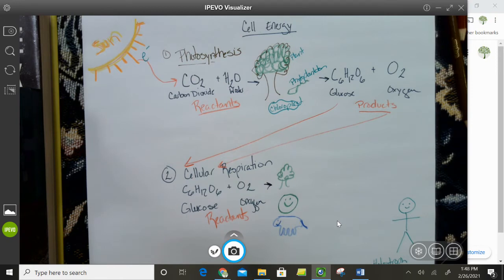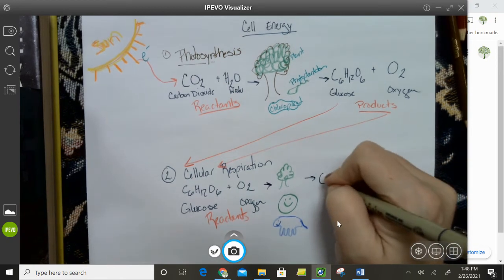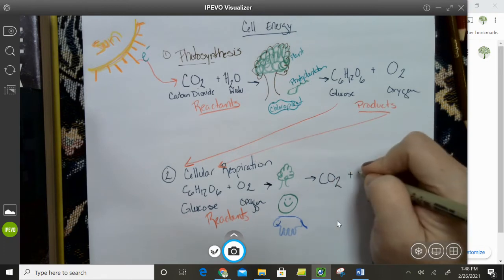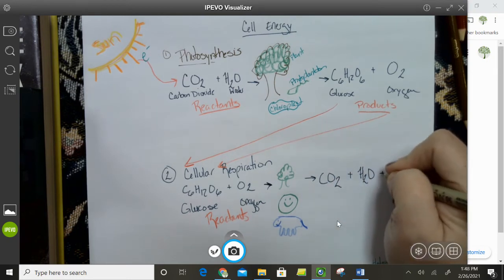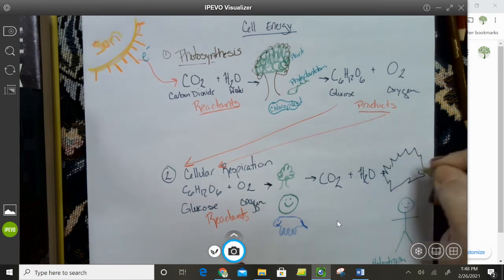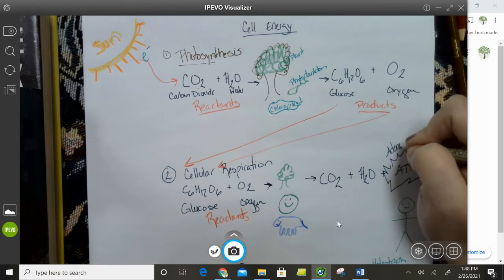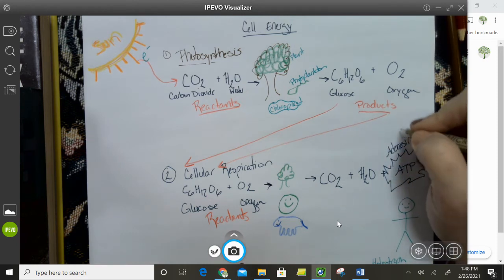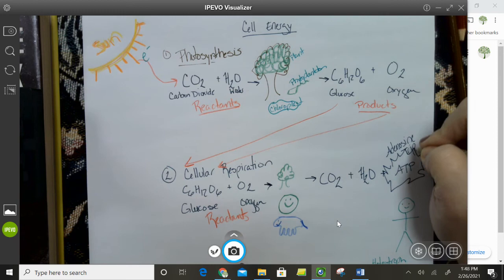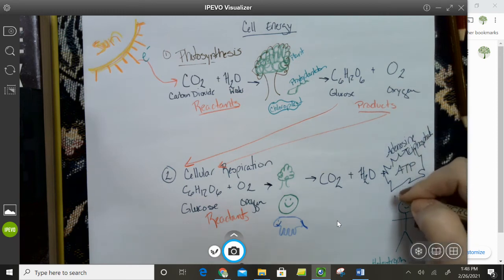And it's going to give off, here's where it's a little tricky, carbon dioxide, water, and our very super special molecule ATP, or adenosine triphosphate.